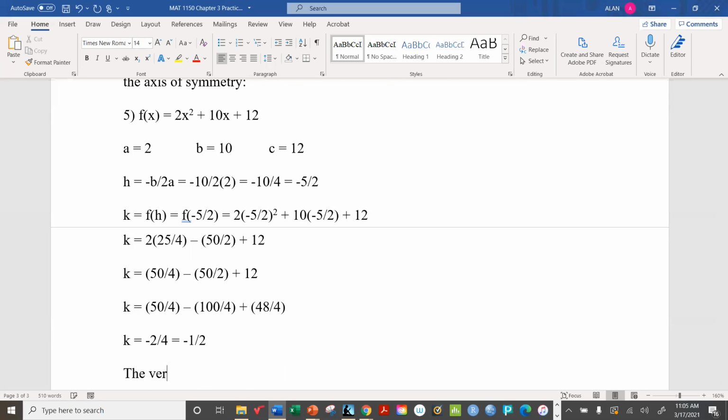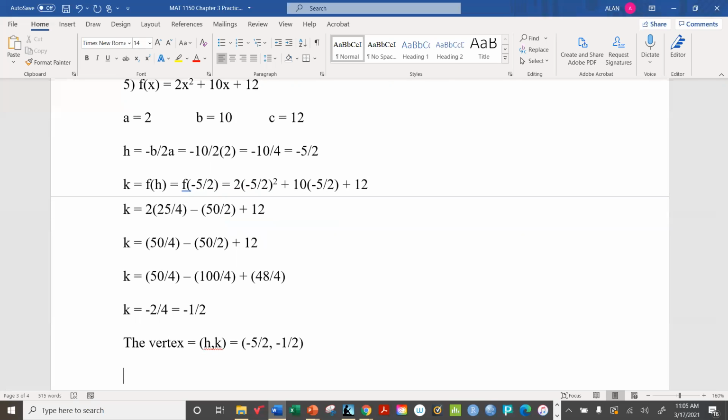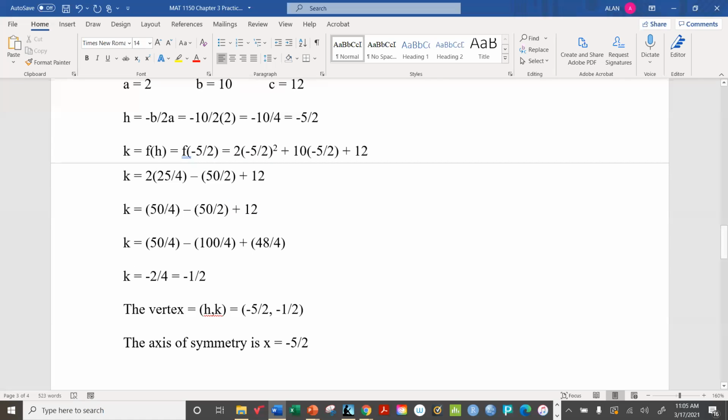So the vertex is h comma k, which is minus 5 halves comma negative 1 half. And therefore, the axis of symmetry is simply x equals negative 5 halves. You don't have to solve for it again. It's just the h.